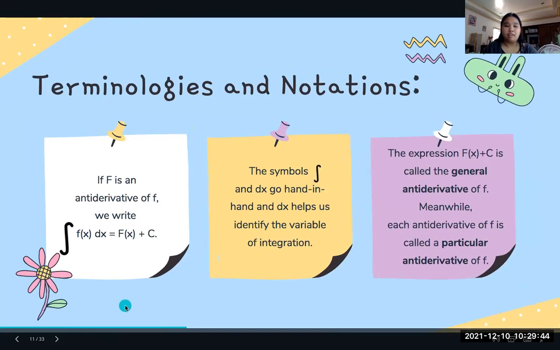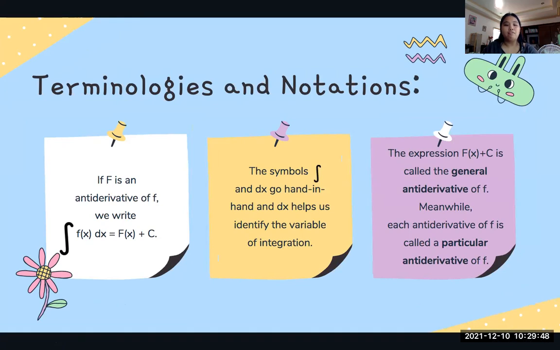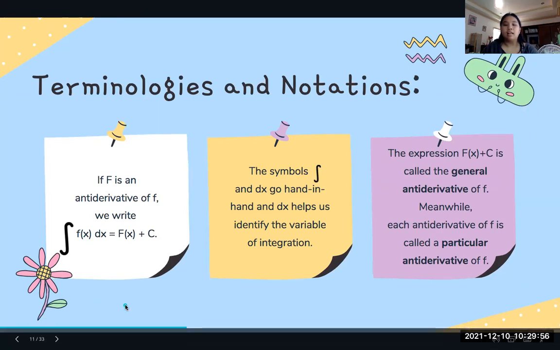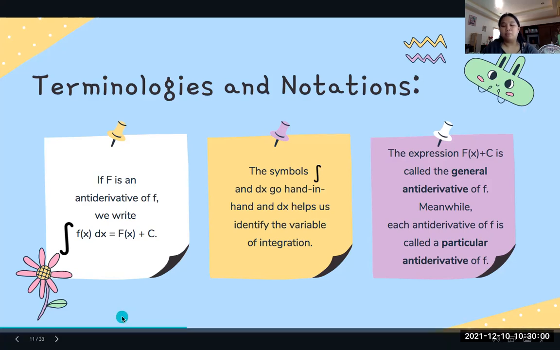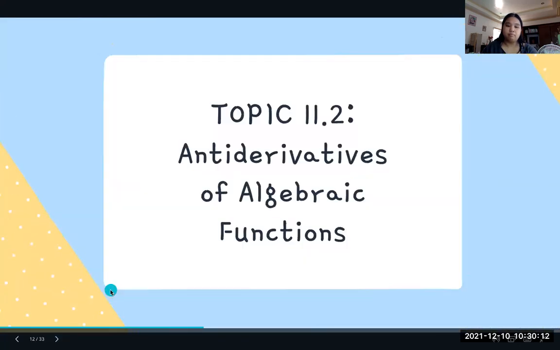If F is an antiderivative of f, we write the integral of f of x dx equals F of x plus c. The integral sign and dx go hand in hand, and dx helps us identify the variable of integration. The expression F of x plus c is called the general antiderivative of f. Meanwhile, each antiderivative of f is called a particular antiderivative of f.